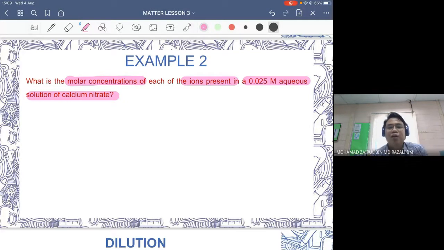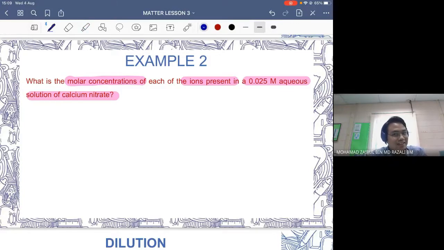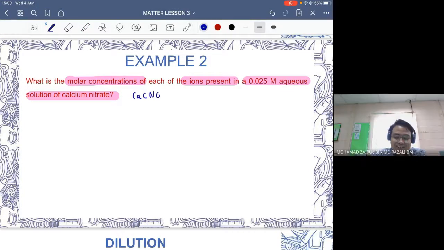What is the formula of calcium nitrate? Ca bracket NO3 bracket 2. Okay, correct. Ingat, okay, sebab apa kita ada bracket semua tu? Okay, the ion of Ca is Ca2 plus.